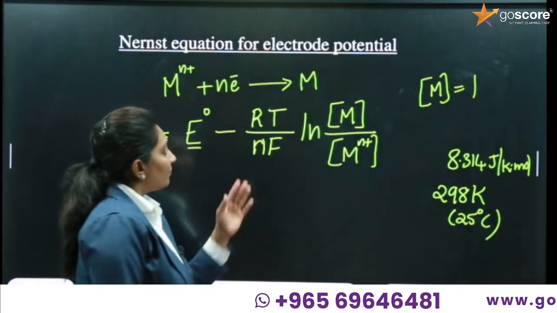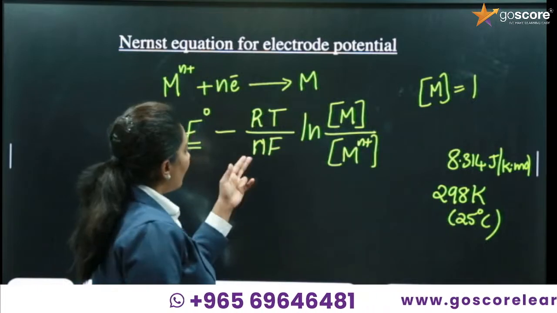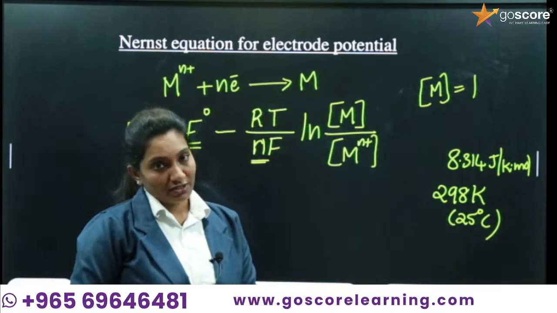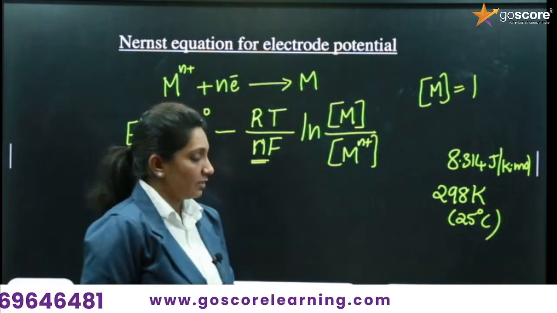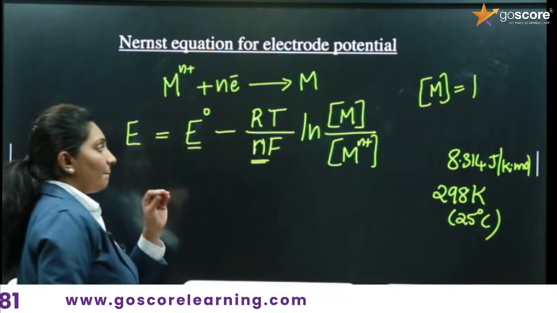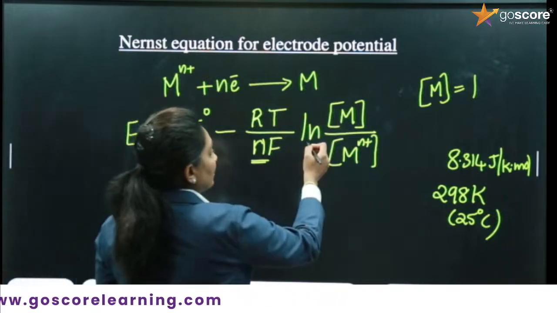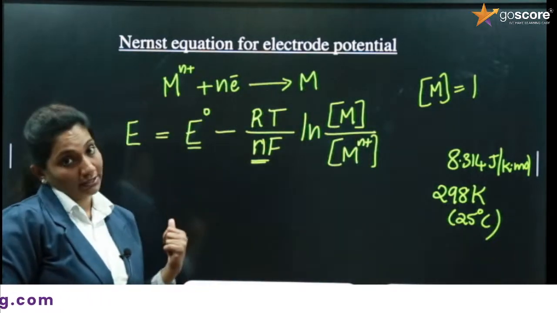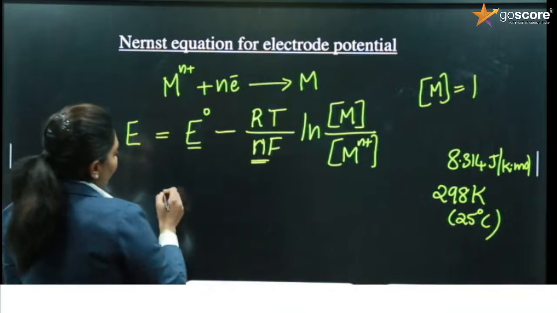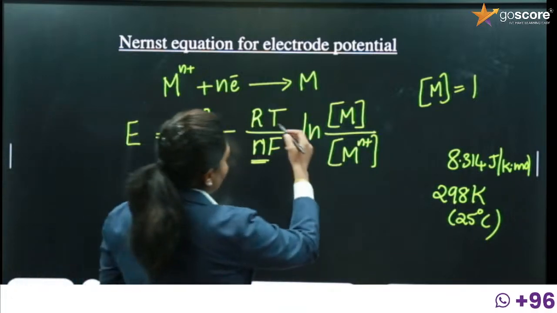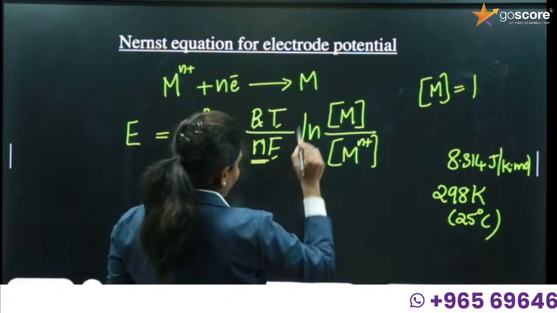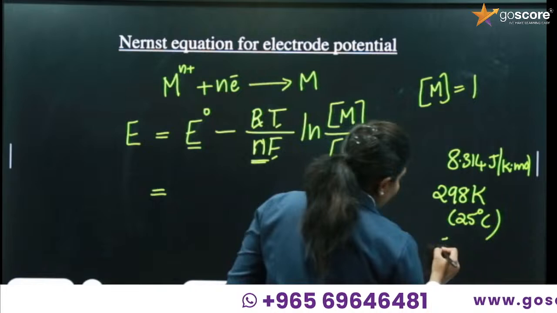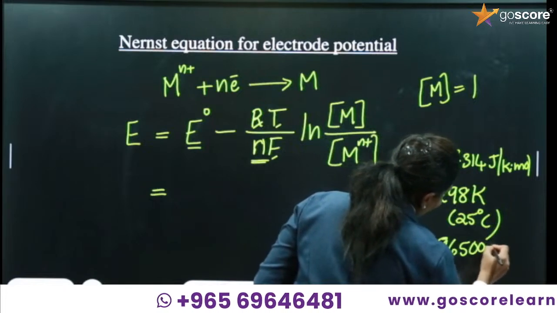Both are the same, right? And F is Faraday's constant. And what does this n indicate? n is the number of electrons that participated in the redox reaction. And this is the natural log, of the concentration of metal and metal ions. Okay, so we know the values of the gas constant, temperature, and Faraday. When we convert the Faraday into Coulomb, we will take it as 96,500 Coulomb.